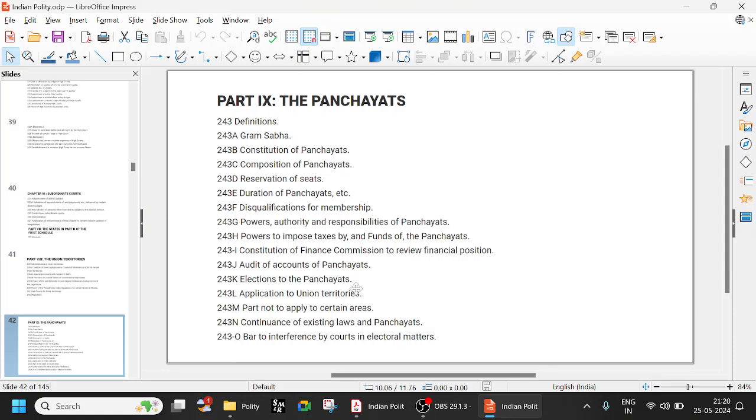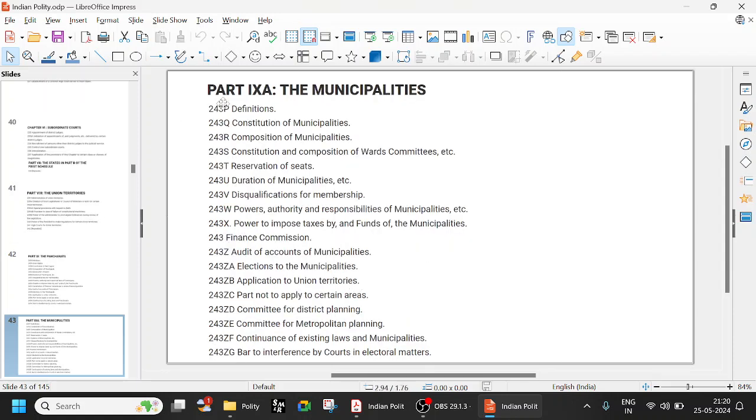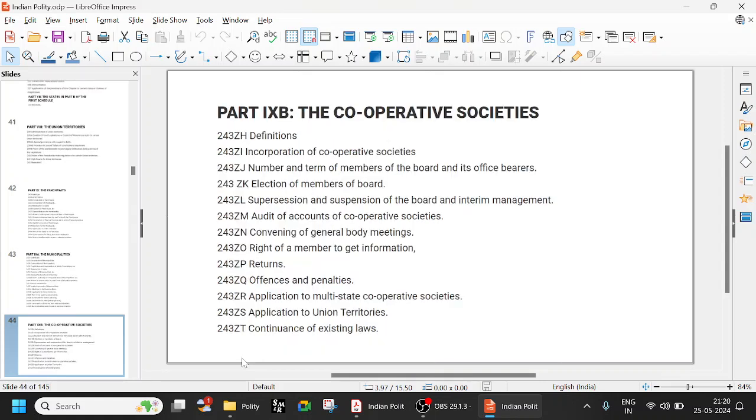So similarly 243 after O, from P you have for the municipalities, and recently cooperative societies has also been added. So these amendments also you have to remember, through which amendment this has been added. Such questions are also asked. When it comes, we'll look at the amendments also.